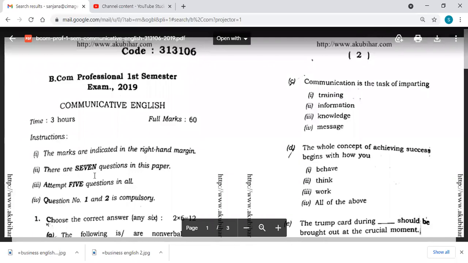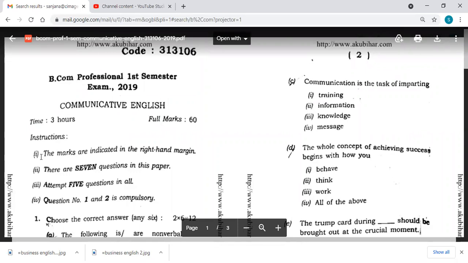Whenever you're communicating, you're telling somebody, you're informing someone. You're not training. Whenever you speak, you're not training. Somebody can come and tell you, okay, Sanjana ma'am is asking you to come to the class. The person is not training you. The person is not even giving you language. But yes, it can be a message also.